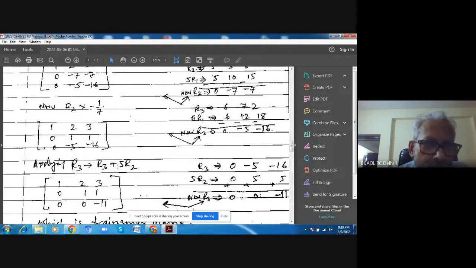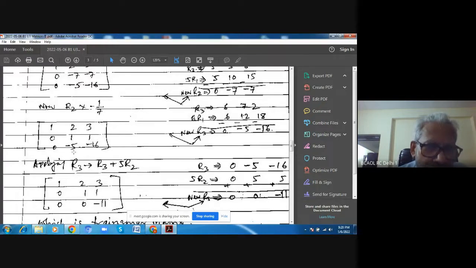R3 प्लस इसमें 1 है. R2 को ले लिया जाए. सो R2 को हम 5 से मल्टीप्लाई करेंगे, देन प्लस कर देंगे बिकॉज इट इज अ -5. If it is a +5, then we have to minus it, not plus, so that somehow we have to make it 0. So R3 है ना.